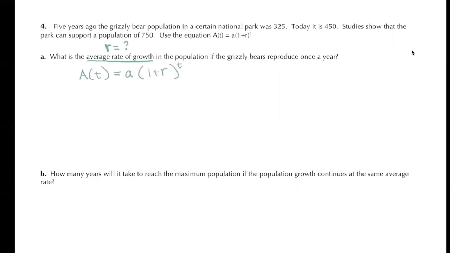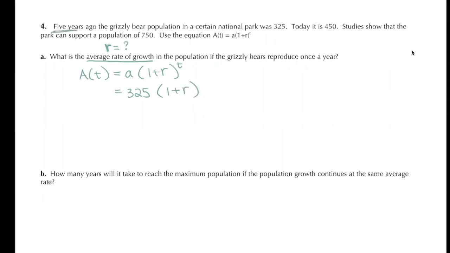Okay. All right. So let's see what we have. At the top, it says 5 years ago, the grizzly bear population was 325. Today, it is 450. Okay. So that means it started with 325. So that's my A. I'm looking for R, so I'm going to leave that.